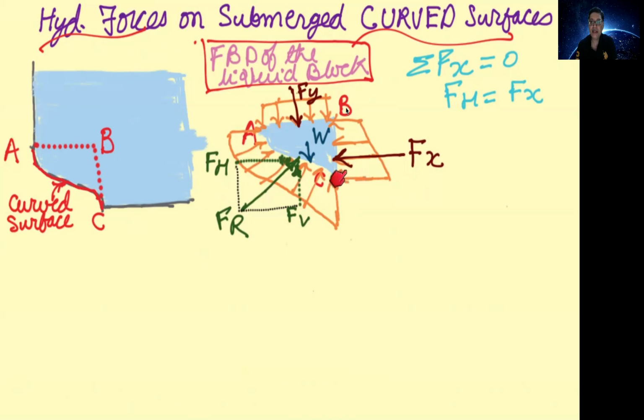This indicates that the horizontal component of the hydrostatic force acting on the curved surface is equal to the hydrostatic force which acts on the vertical projection of the curved surface. Whereas when you consider sigma Fy equals 0, the weight will appear along with Fv and Fy.